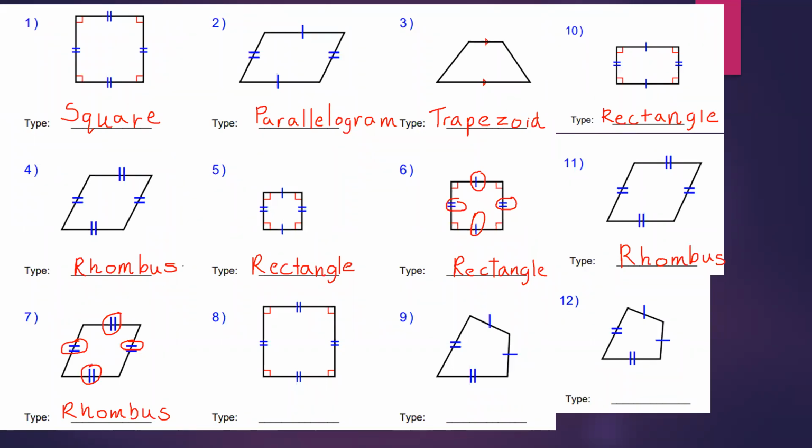All right, next up is Lavar Brown. What do you have for number 8, Lavar? I have a square. Do we agree with them? Is number 8 a square? Yes, sir. Number 8 is a square.